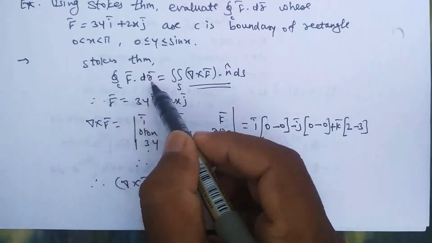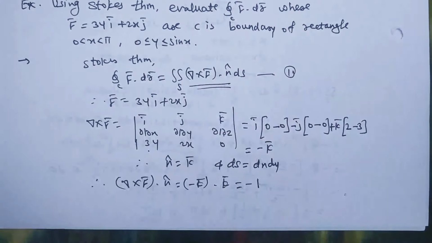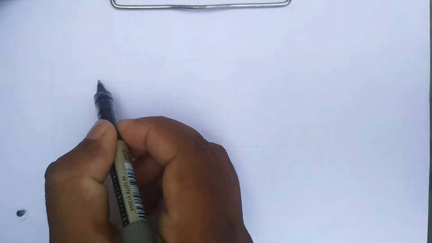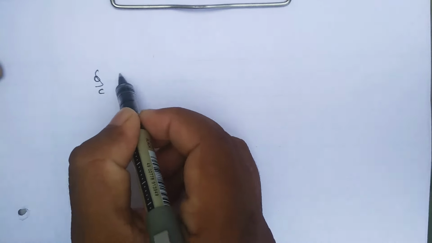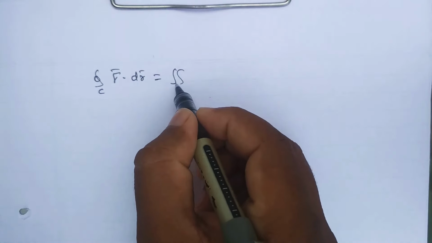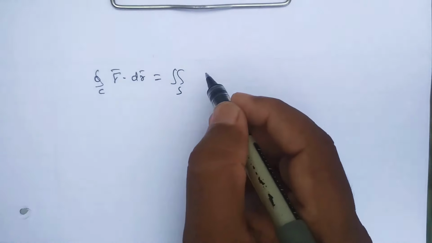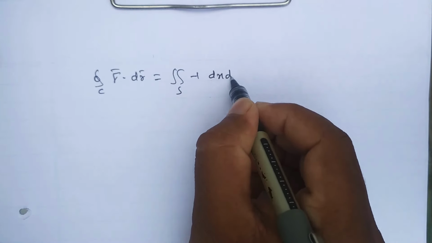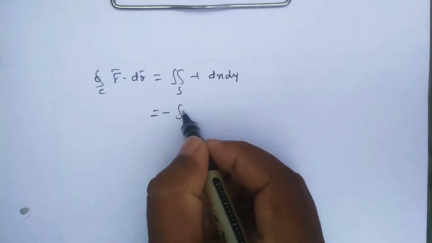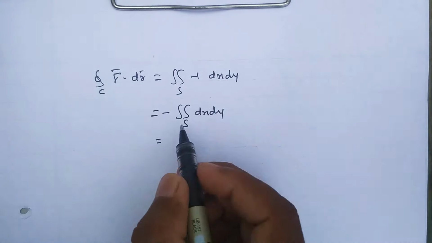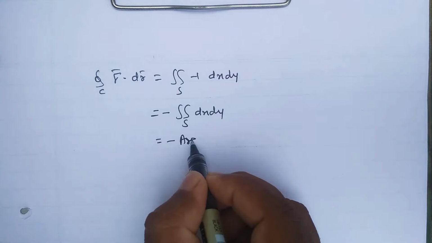So putting all these values in equation number 1, see what happens. We will get the closed integral over C of F bar dot dr bar, which is equal to double integration over S of del cross F bar dot n cap, which is minus 1 into dS, dS is dx into dy, that is equal to minus times the double integration over S of dx dy, that is equal to minus times area.